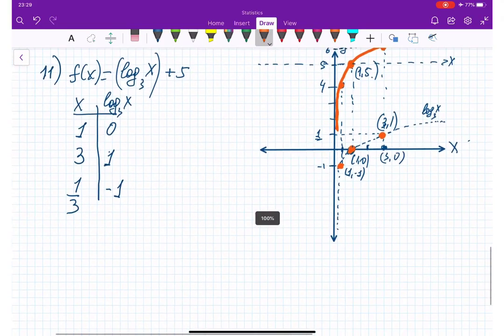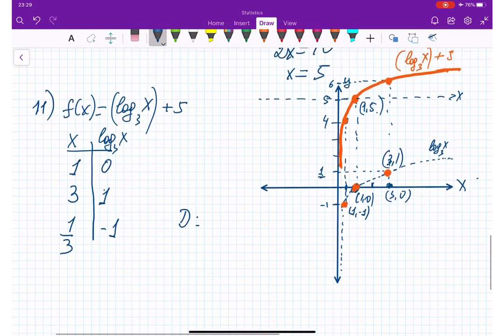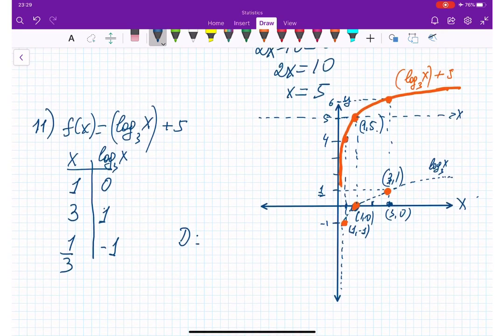So let's also identify the domain again. Practically everything is switching x with y. If you switch, then instead of an exponential graph, you will get a logarithmic graph. In the case of the exponential graph, we had domain all the way from negative infinity to positive infinity. Then in this case the range is going to be from negative infinity to positive infinity.